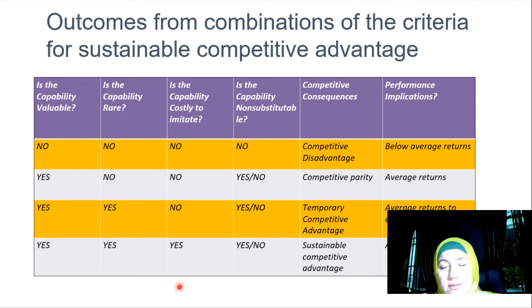Then you're said to be having a temporary competitive advantage that can also contribute to your having average return. So if your organization has all 4 criteria considered yes, then we are saying that your firm has a sustainable competitive advantage that will guarantee their return above average.